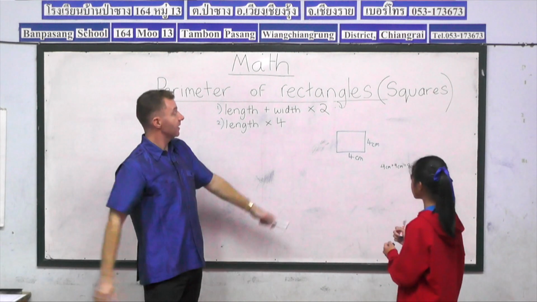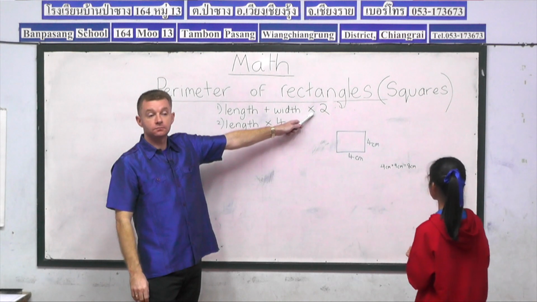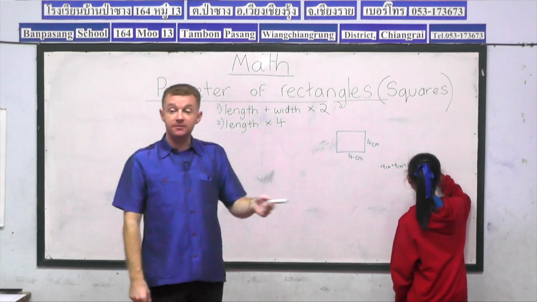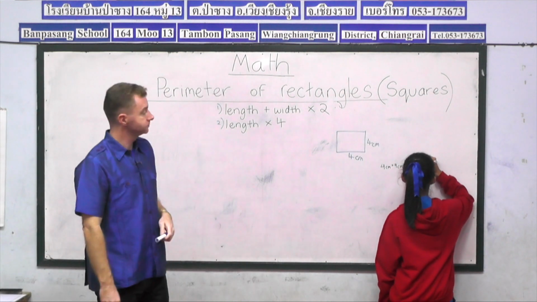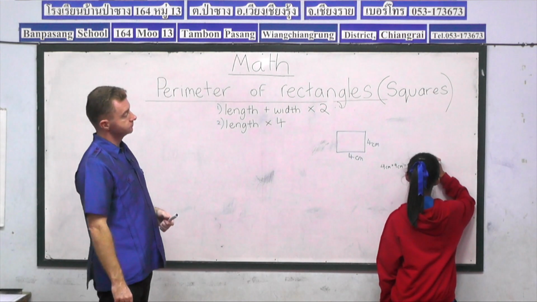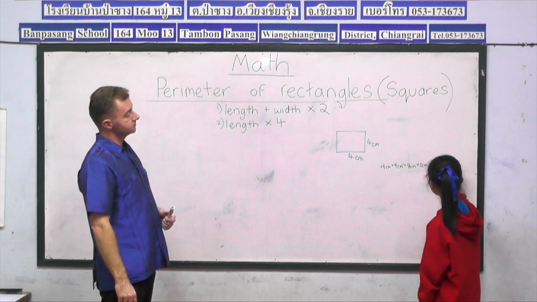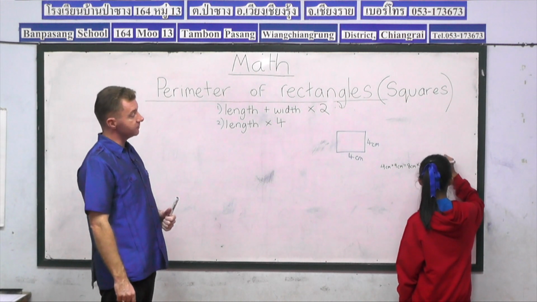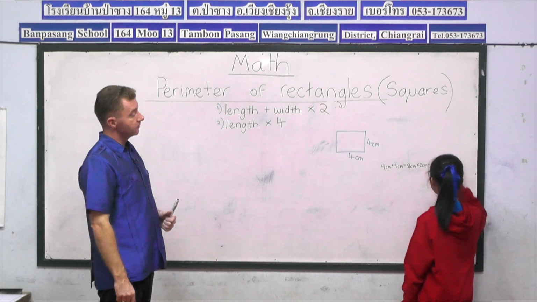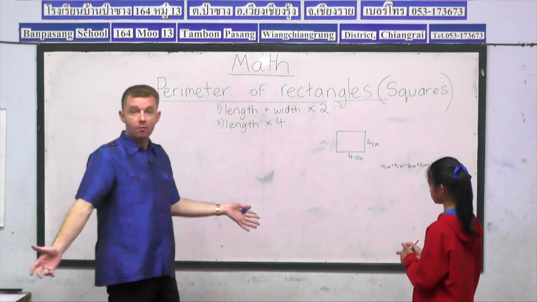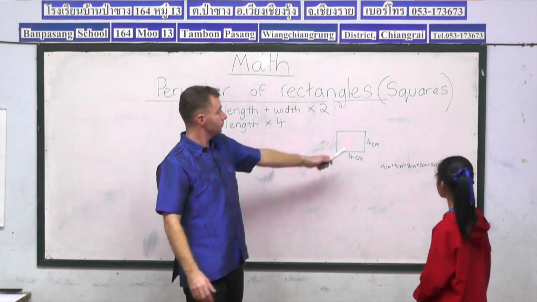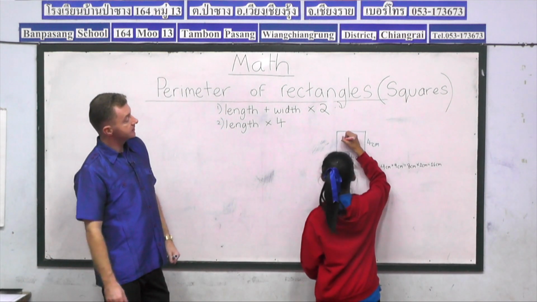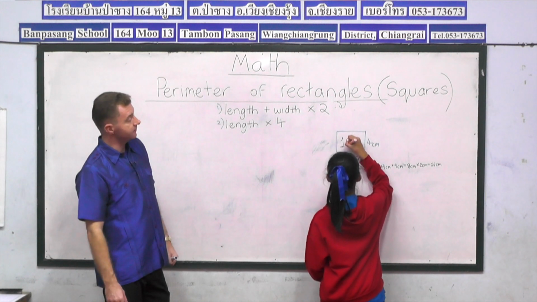Excellent, Down. And then what do we need to do? Times it by 2. So 8 centimeters times 2 equals 16. 16 centimeters. Perfect. Down has worked out the perimeter of our square. So can you write the answer inside the square, please? 16 centimeters.